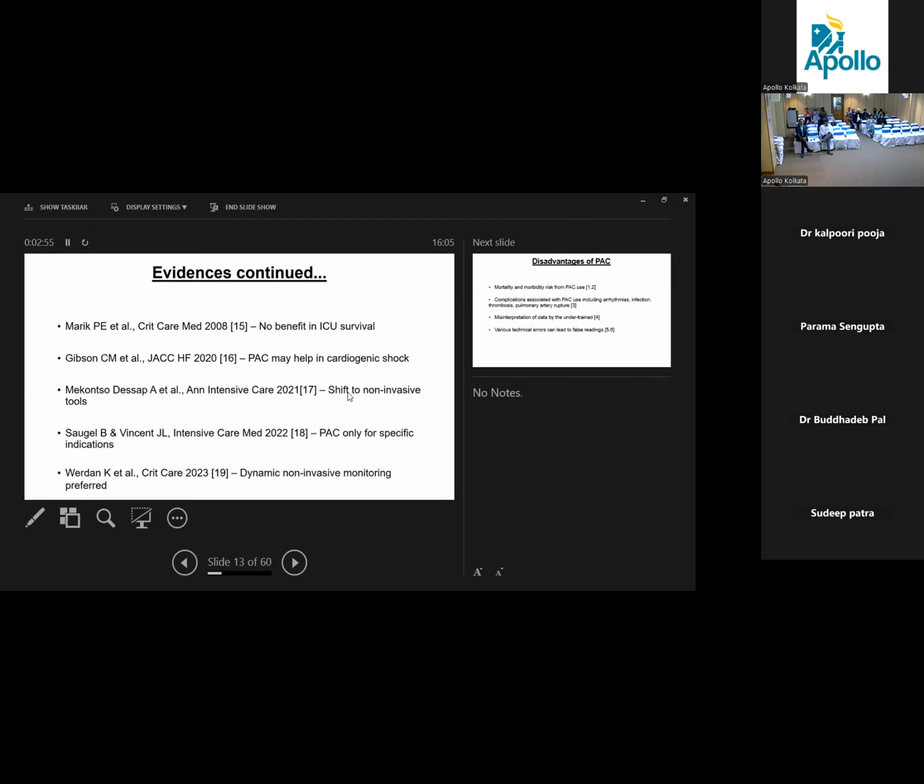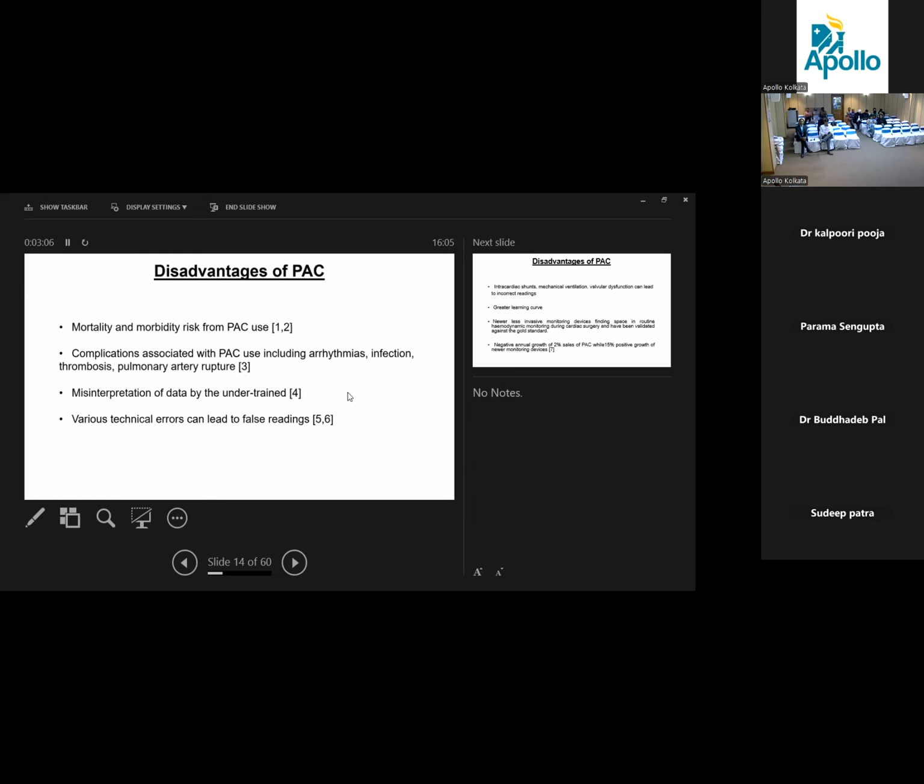Recent studies also show that there should be a shift to non-invasive tools. The PA catheter has very limited indications, and dynamic non-invasive monitoring is preferred. Disadvantages of the PAC are mainly mortality and morbidity risk, complications including arrhythmias, infection, thrombosis and PA rupture, misinterpretation of data by the undertrained, and various technical errors causing false readings.